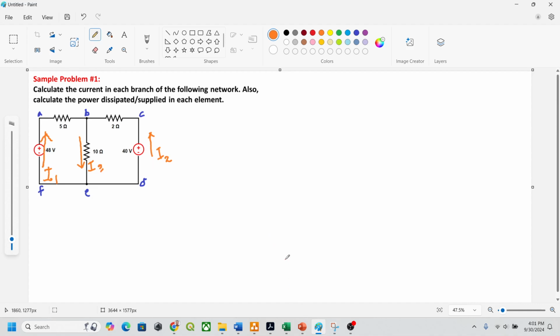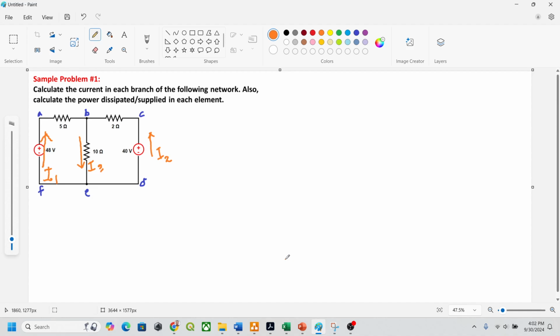That's why it's very important to identify the number of branch circuits. If you will be solving networks with dependent sources, those sources with diamond symbols, the number of equations will be the number of branch circuits plus the number of dependent sources. But for this problem, we only have three branch circuits, so we only have three equations.